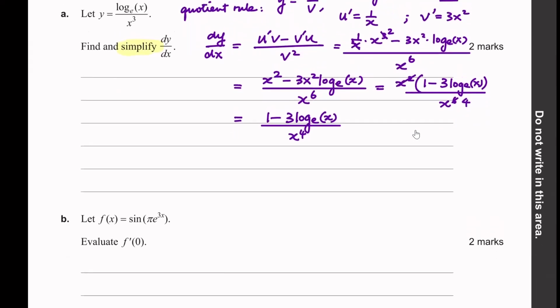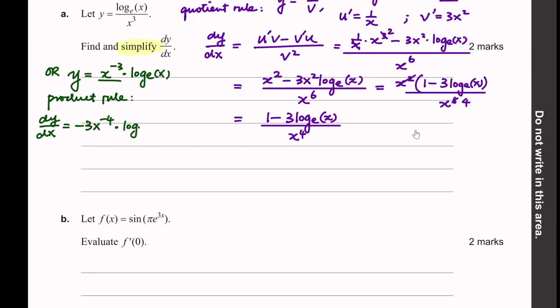Or you could use product rule. Say your dy/dx is the derivative of the first, that is minus 3x to the power minus 4, times log e of x, plus x to the power minus 3 times the derivative of log e x, that is 1 over x.